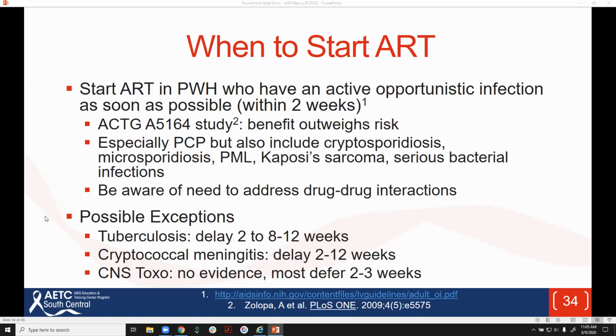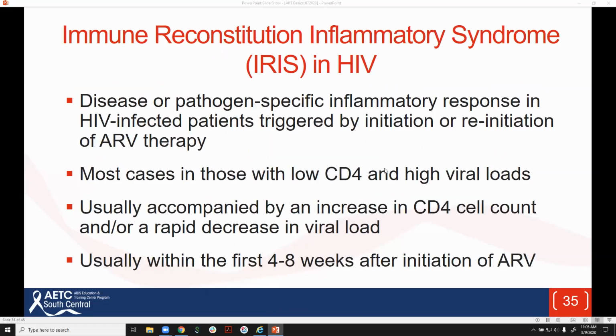However, there are some possible exceptions, and we're continuing to build more and more data around this, and it depends on your particular patient and what else is going on and the likelihood of mortality of treating the HIV versus not. But the possible exceptions to starting right away are cryptococcal meningitis, central nervous system toxoplasmosis, and tuberculosis. And so it really has to do with that potential risk for IRIS, immune reconstitution inflammatory syndrome.